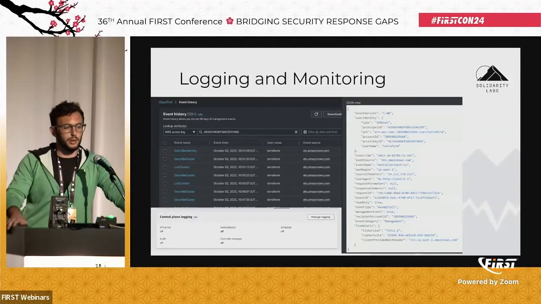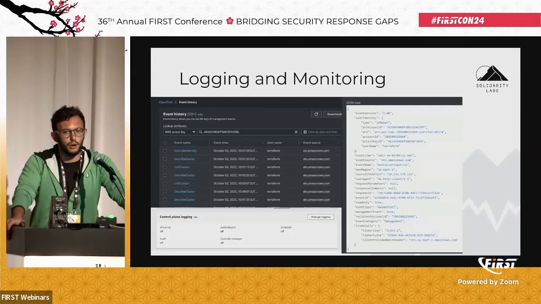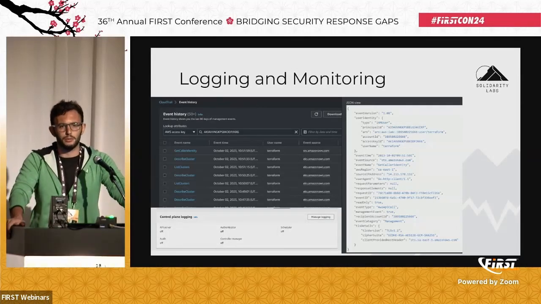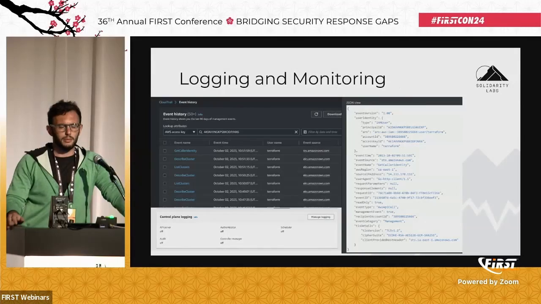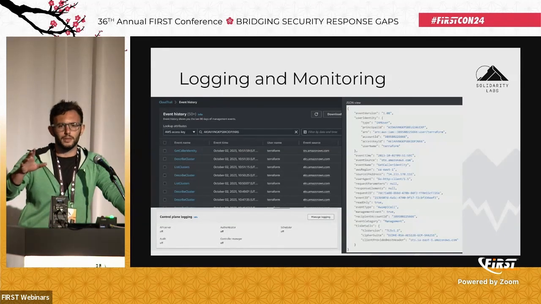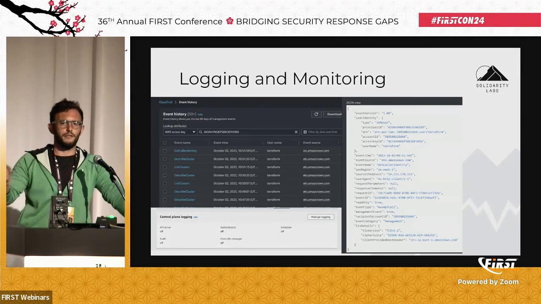We started to review the logs. If you're a little bit aware of how AWS works, and more or less every cloud tenant works the same way: everything is an API. So each request that we do against the cloud environment is based on an API communication that is logged in different ways.